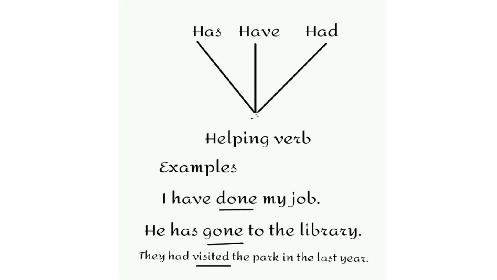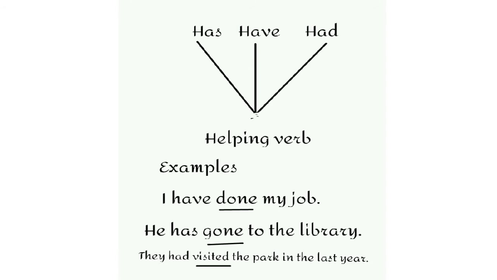In another example, he has gone to the library. Again, gone is the main verb and has is just helping the main verb, that is gone. Or they had visited the park in the last year. Visited again is a main verb and had is helping the main verb.